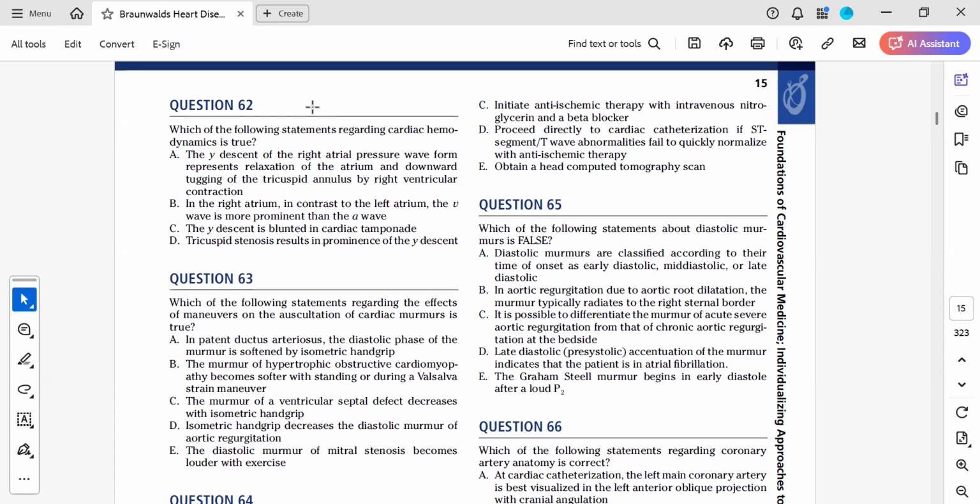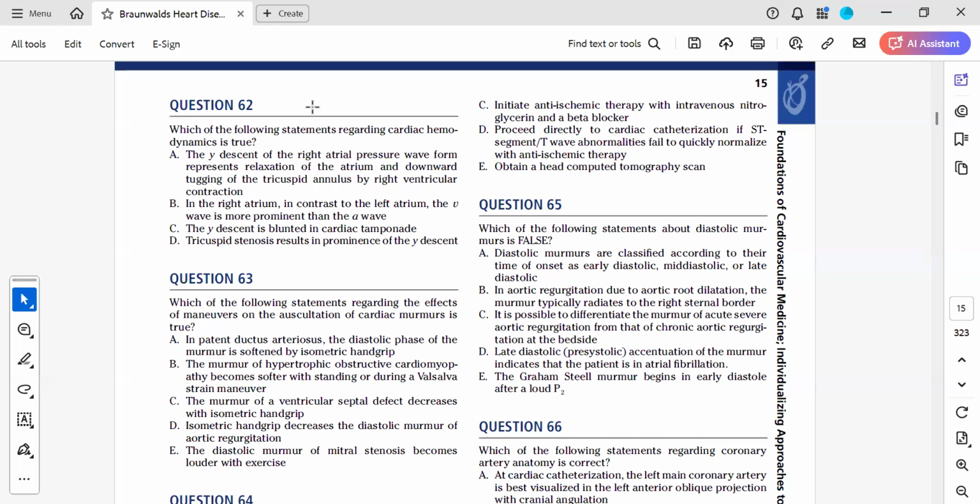So giving all these anticoagulants might worsen the intracranial bleed. That makes those options false, and there will be no need to go for a cardiac catheterization lab in this clinical context.